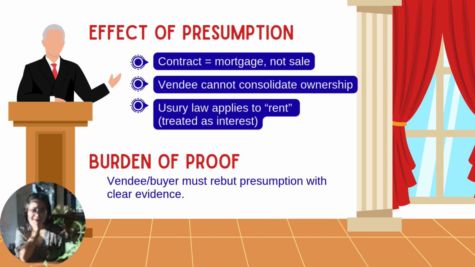And finally, any payments stipulated as rent paid by the seller remaining in possession are treated as interest on the loan, making the transaction subject to the usury law. So, if this presumption is triggered, the burden of proof shifts, requiring the buyer or vendee to rebut the presumption with clear evidence that the contract was actually intended as a true sale.